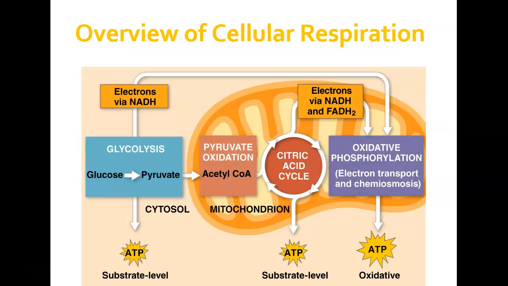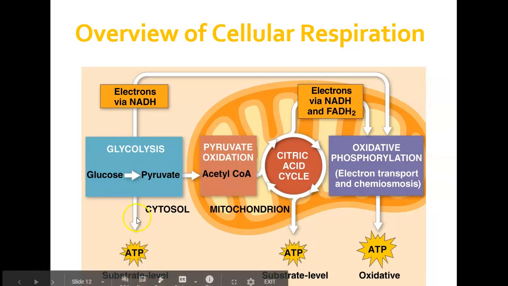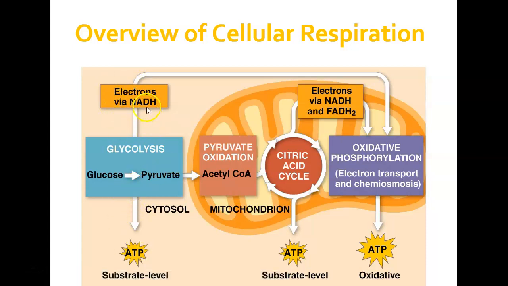This is just the overall picture of where these elements are happening. So glycolysis, for example, happens out here in the cytosol, and that's where glucose is converted into something called pyruvate. We'll talk about it. A tiny bit of ATP is made. Some shuttle molecules, NADH, are made that get used later on over here in the oxidative phosphorylation piece.